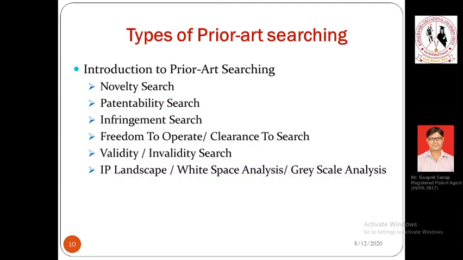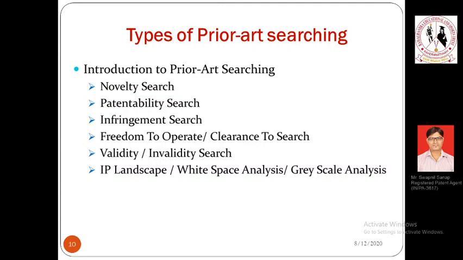Whereas if I am the person who has a product, for example TVS or Bajaj, these are the people who have a product such as an engine. So they have manufactured an engine. They will check whether this engine is copying anybody else's patent which is already filed or already granted or not.